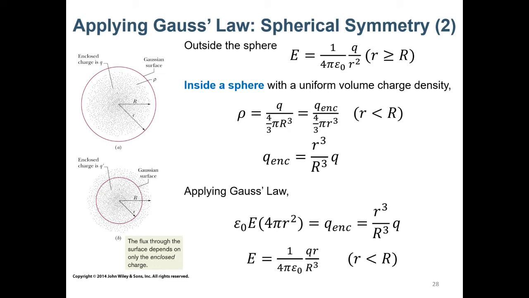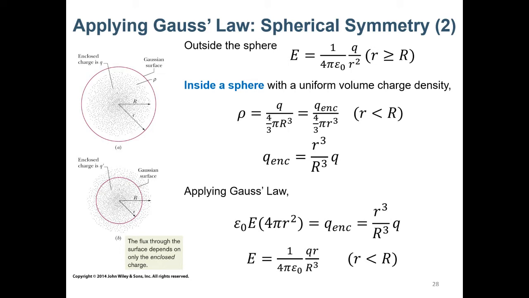So applying the Gauss law, we have epsilon 0 EA. A is the surface area of this one, so it should be 4 pi r squared. And Q enclosed is this one.